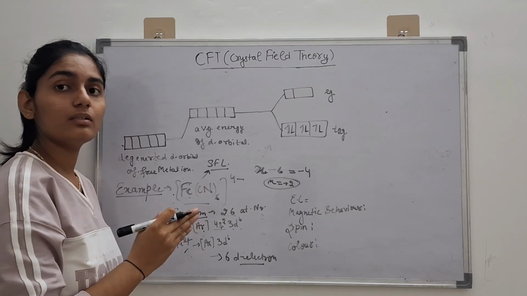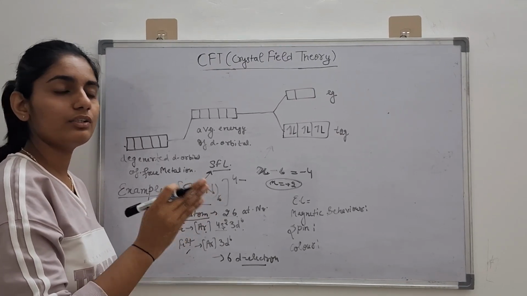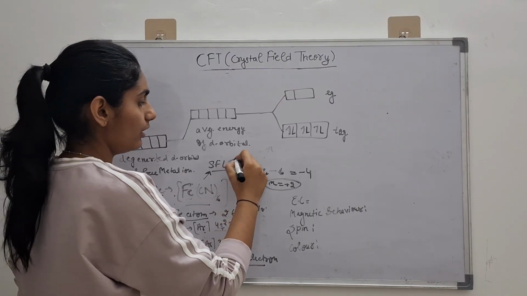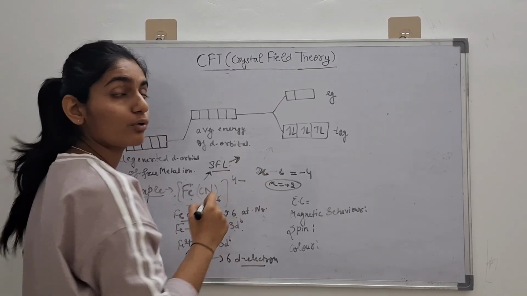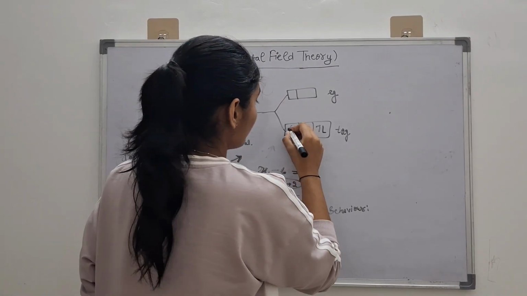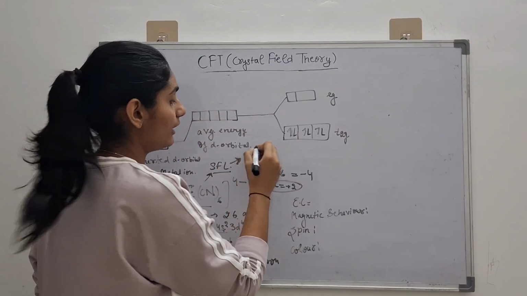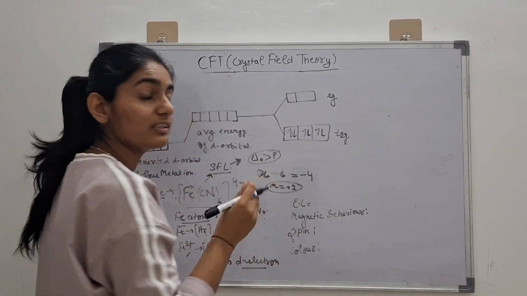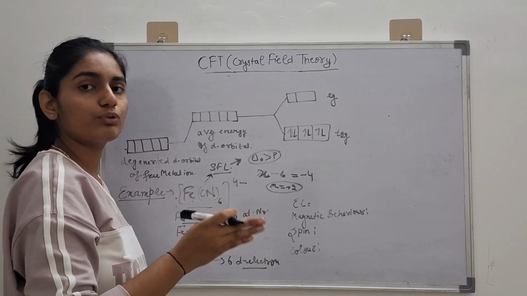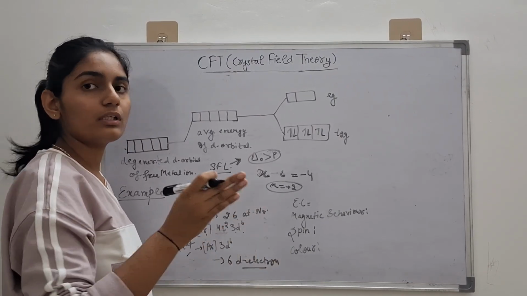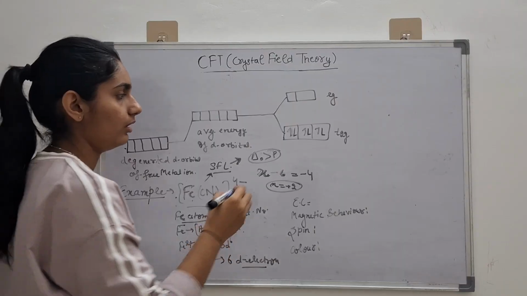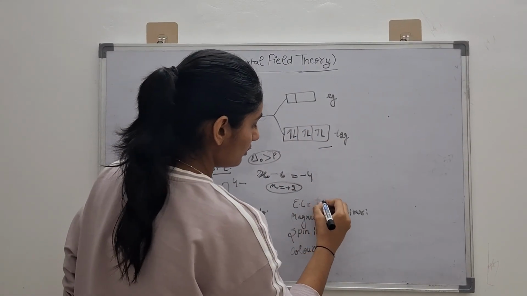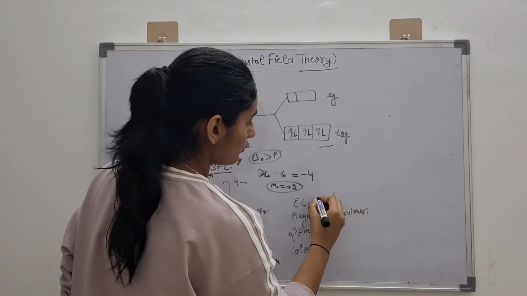Strong field ligand means the ligand interacts strongly with the metal ion, and this is found with the help of the spectrochemical series. These strong field ligands have delta O greater than the pairing energy. Pairing energy means the energy which we have to give the complex to put an electron in the same orbital. So this will be the electronic configuration t2g6 of this complex.